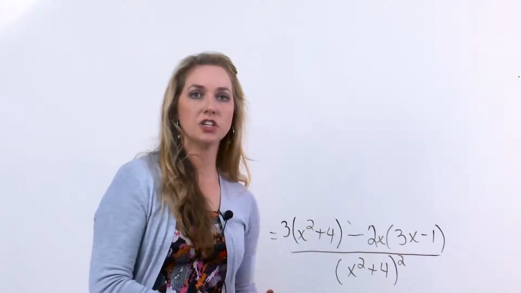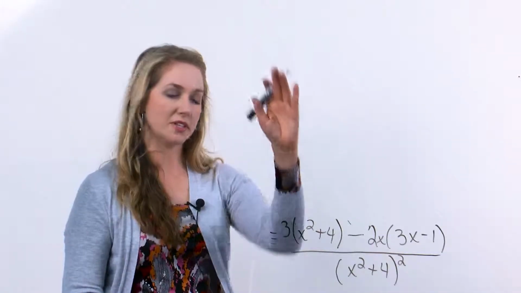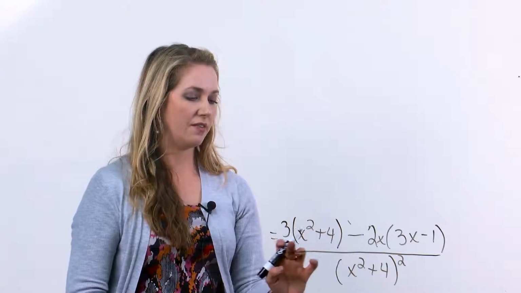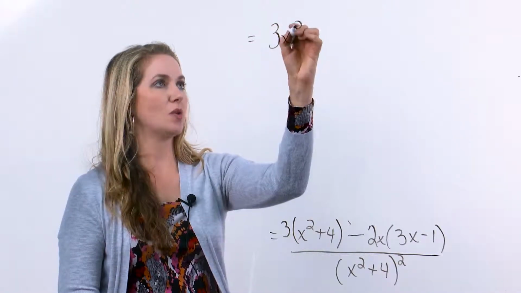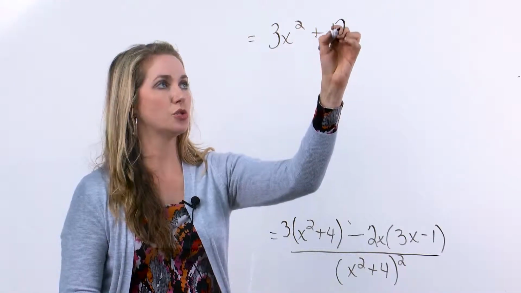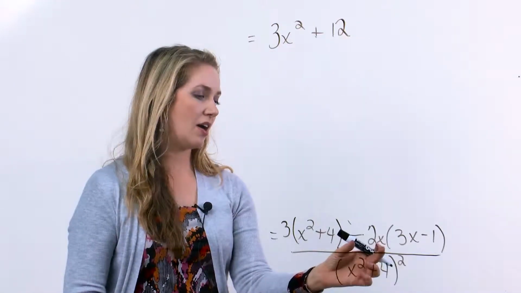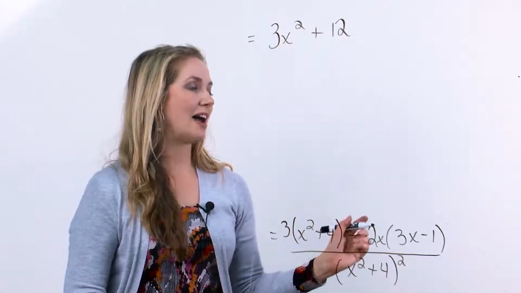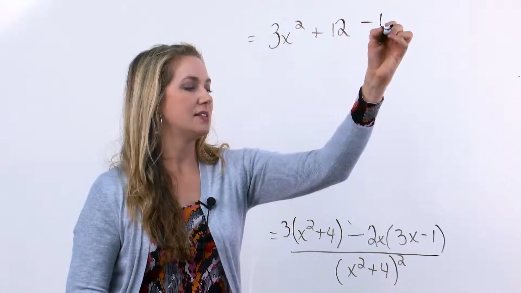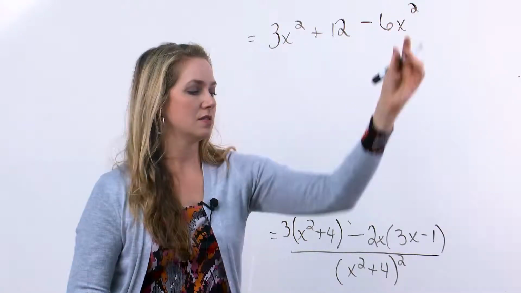So here, I still need to simplify this function. So I'm going to start back up at the top and simplify. If I distribute the 3, I get 3x squared plus 12. And now I need to distribute the minus 2x. If I distribute the minus 2x, I get a minus 6x squared.